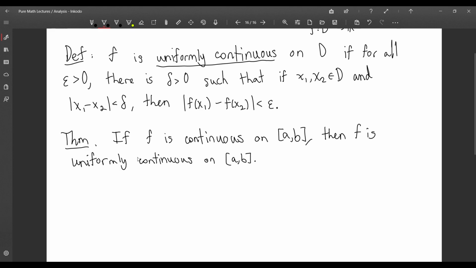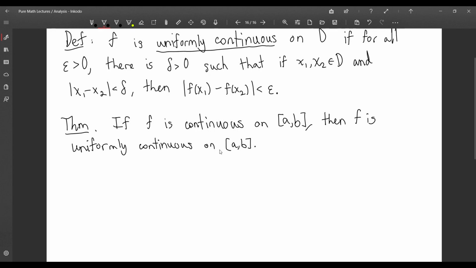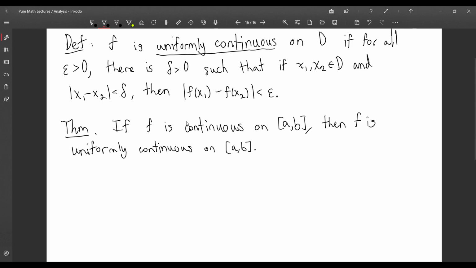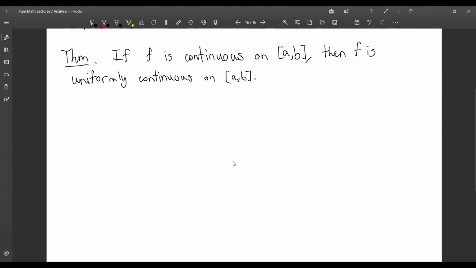And so, right, why is this counterintuitive? We've just said that uniform continuity seems stronger than continuity, but if we have continuity on this closed interval, then it's uniformly continuous as well. But of course this breaks down if you don't have a closed interval, and so I'll show an example of that.